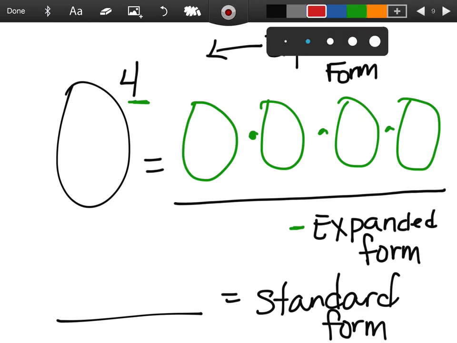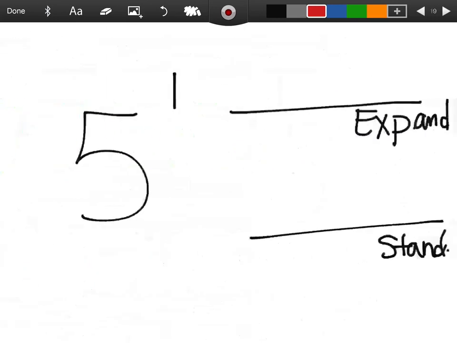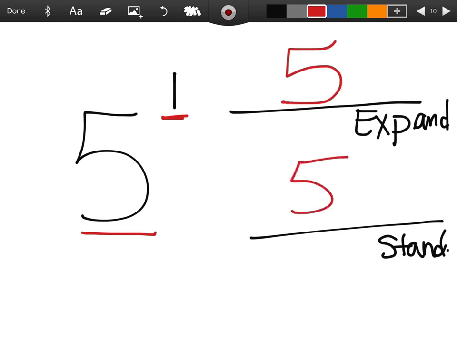What is standard form of 0 to the 4th power? Well, anything times 0 is 0. All right, 5 to the 1st. Well, the 1st power tells me I only need one of them, and my base 5 is the number I'm going to multiply, so expanded form would be 5. Standard form, 5 to the 1st, is just 5.